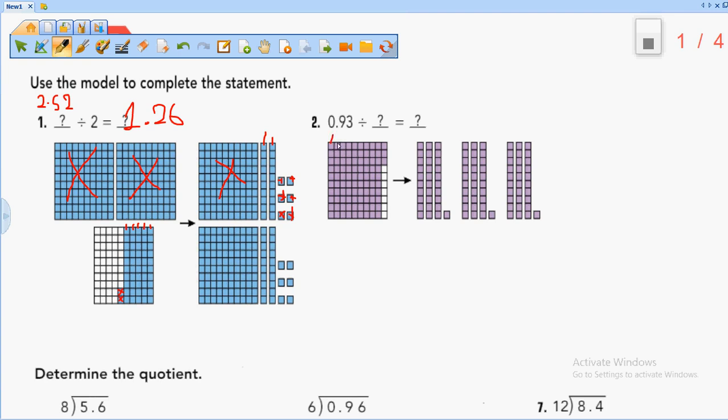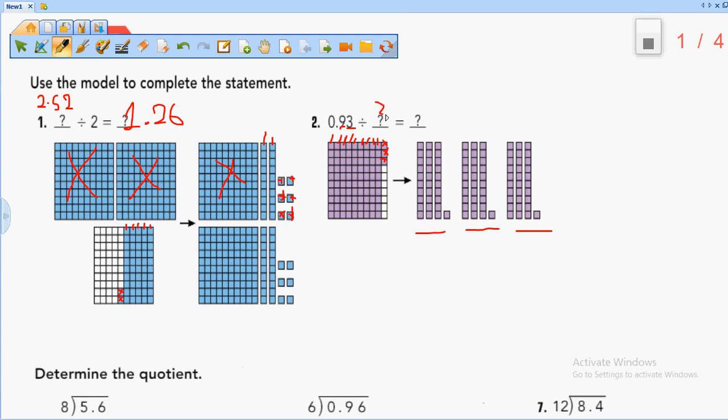That means I have 1, 2, 3, 4, 5, 6, 7, 8, 9 tenth blocks. 9 in the tenths place, and I have 1, 2, 3 hundredths. So 93 hundredths divided by something, look here, I have 1, 2, 3.